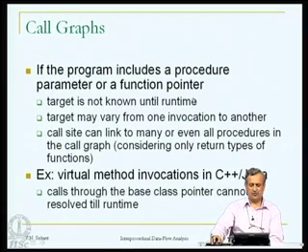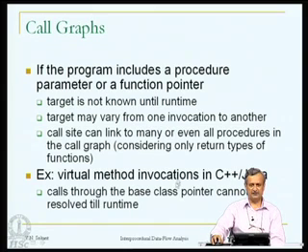If the program includes a procedure parameter or a function pointer, then the target may not be known until runtime. The target may vary from one invocation to another, and the call site can link to many or even all procedures in the call graph. Considering only return types of functions, we have no other information, so we will probably be forced to attach to anything.